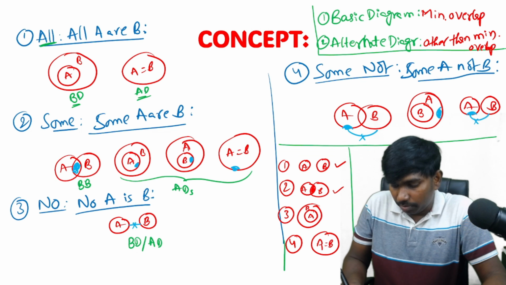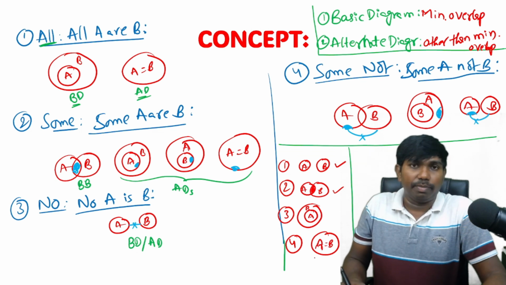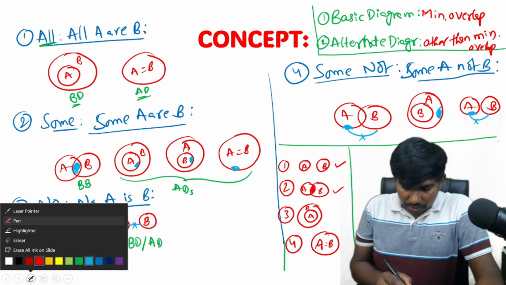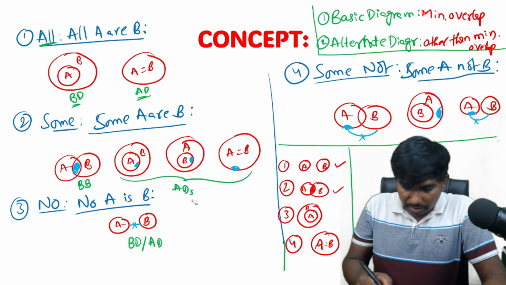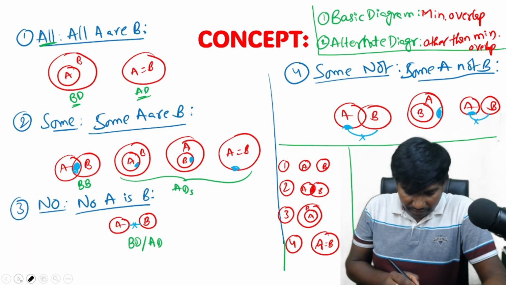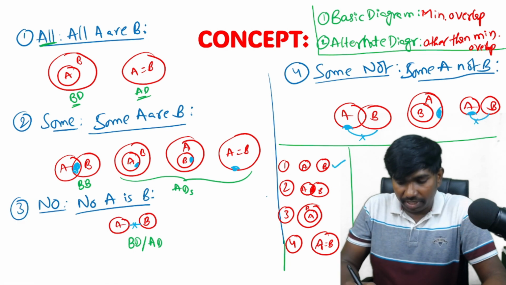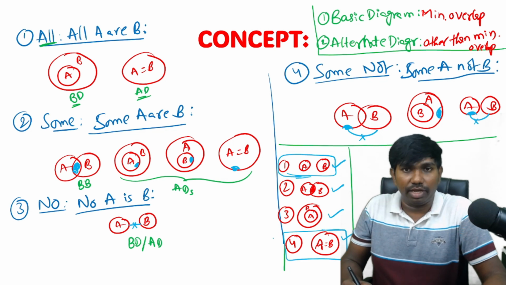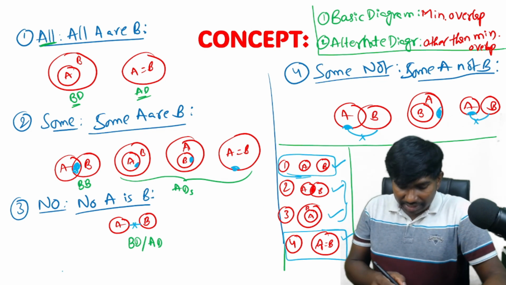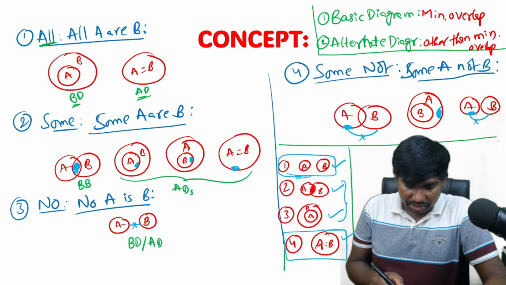A is equal to B, so complete overlap, 100% overlap is there. In the basic diagram priority order, the first is the least overlapping, 0% overlap, and the last is the highest overlap, 100% overlap, and these two are moderate overlap. Among the existing diagrams we have to decide which is the basic diagram.